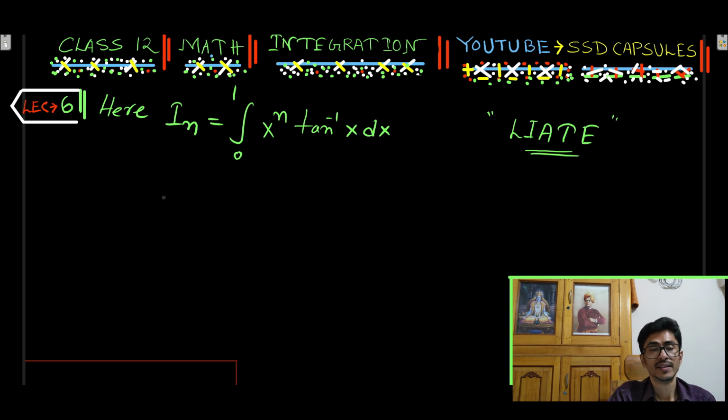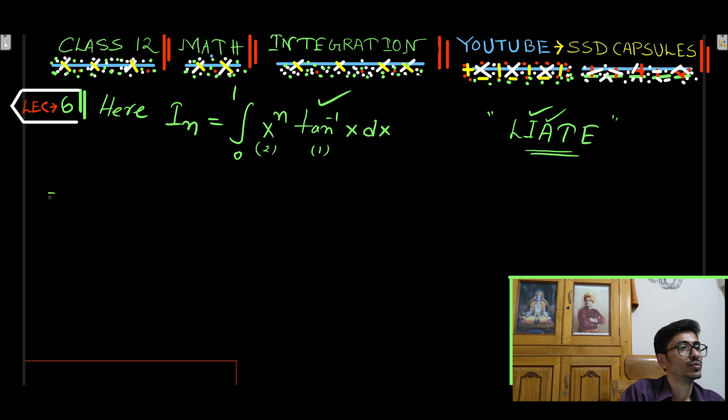Here we will integrate it by using integration by parts. Here we have inverse and here it is algebra. So we will take tan inverse x as the first function and this one as the second function.